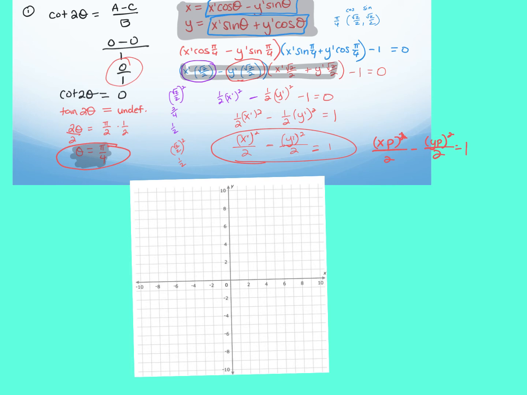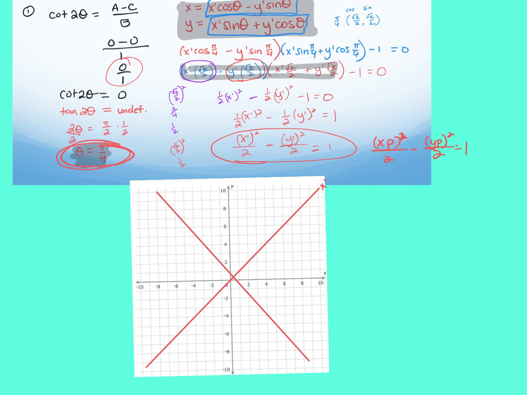All right, so we have to rotate this axis, right? Pi over 4. We just did this with that last example, the one I added on, right? Pi over 4 is my diagonal through my first quadrant and my third quadrant, which means that my rotated axis is actually going to be here and here.